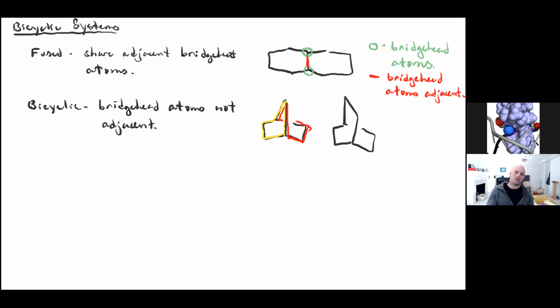In this case on the left, there's two 5-membered rings, and the one on the right is going to be two 6-membered rings. And the bridgehead atoms here and here and here and here are not directly bonded to each other.